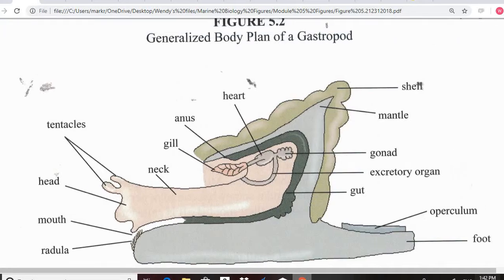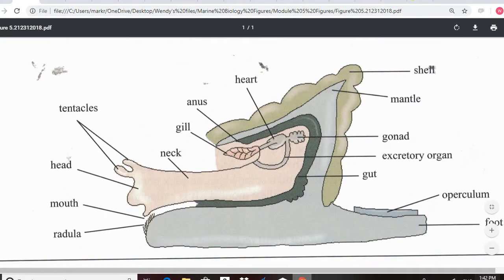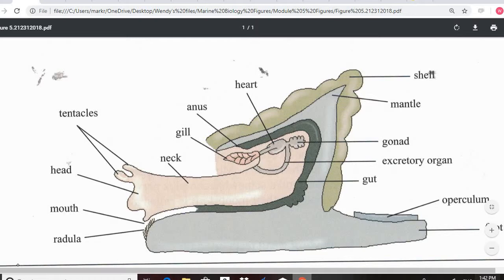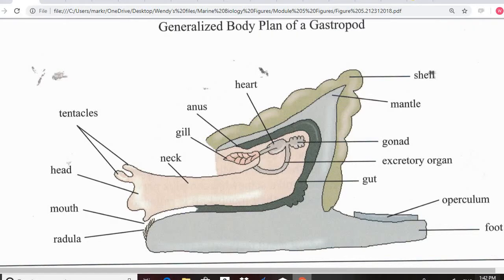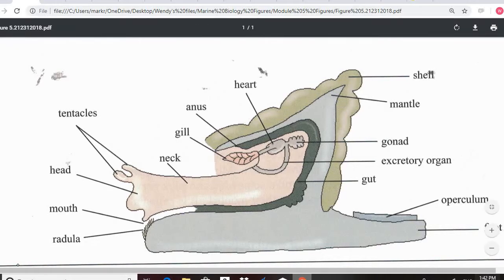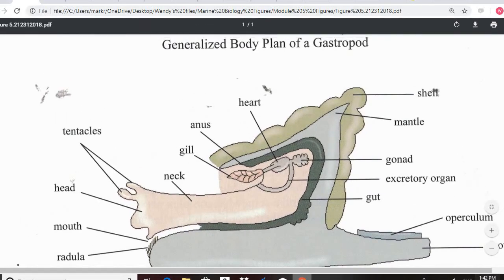So down here in the bottom left corner, you see the radula, those rows of teeth, and you can see that radula is right by the mouth, so that the food can be scraped into the mouth, or if something is paralyzed by the radula, then it can be scraped into the mouth. Here are the tentacles. Here, kind of in the middle, you see the tentacles.